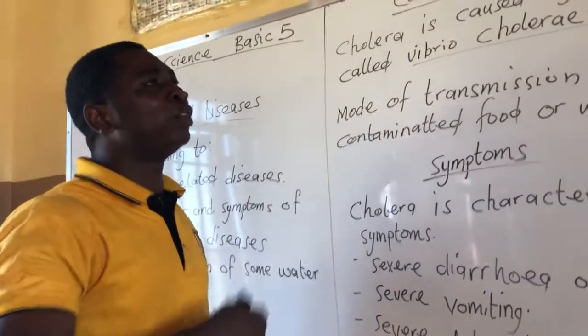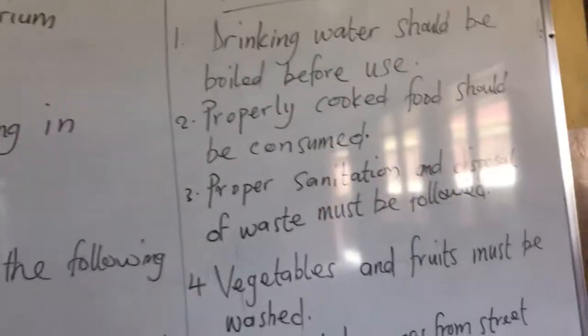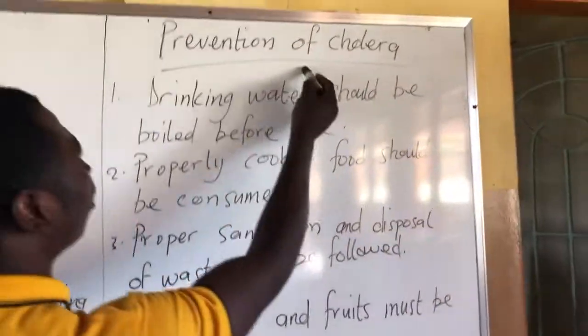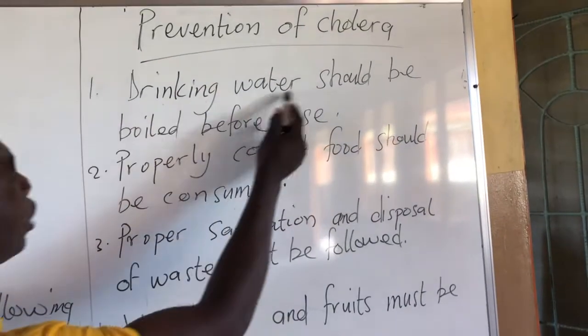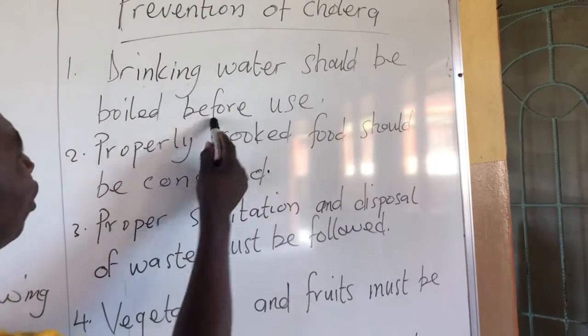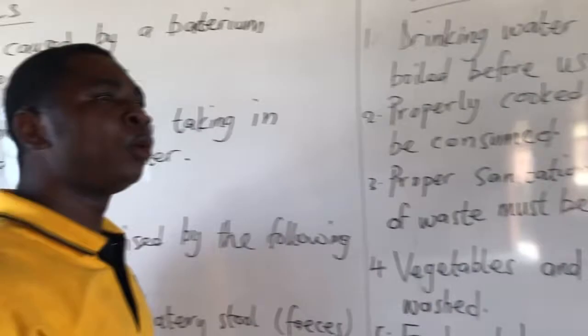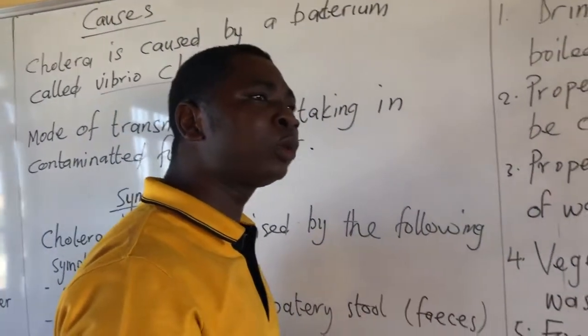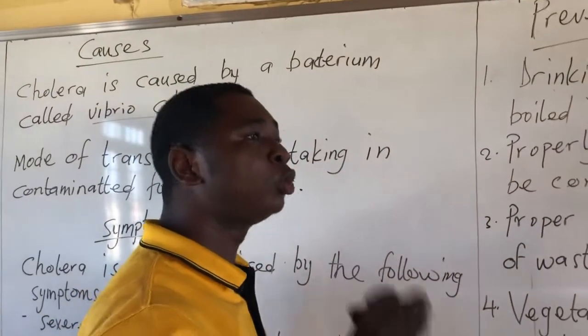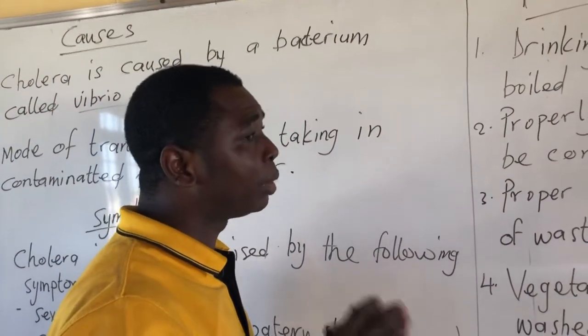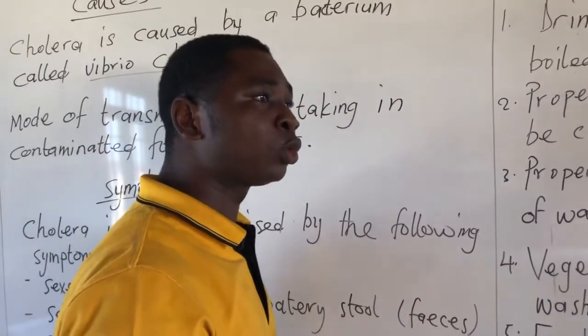Let's check some of the prevention of what? Cholera. So prevention of cholera. 1. Drinking water should be boiled before use. We have to make sure that our drinking water is being boiled before we use. Or you buy the bottled water, you prepare one for us so that we can all drink that one and be safe.